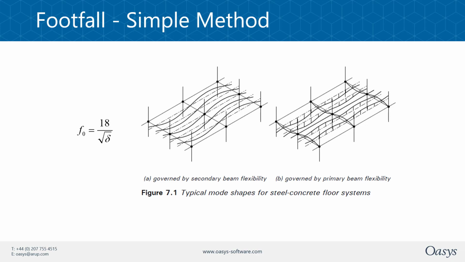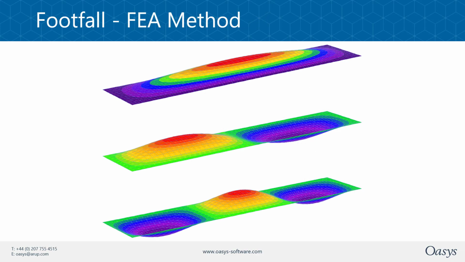On the positive side, the formula there, the fundamental frequency is 18 over the square root of deflection, is quite a useful check to see that your model is giving frequencies in about the right ballpark. So it is worthwhile doing, but only as a check to the finite element model, which is recommended by all the modern design guides.